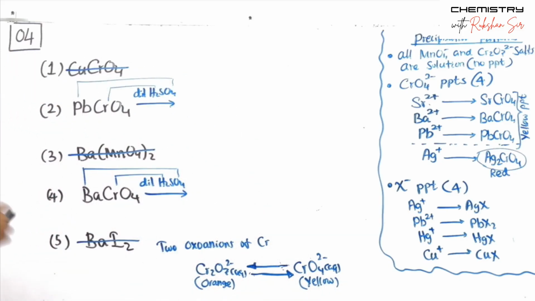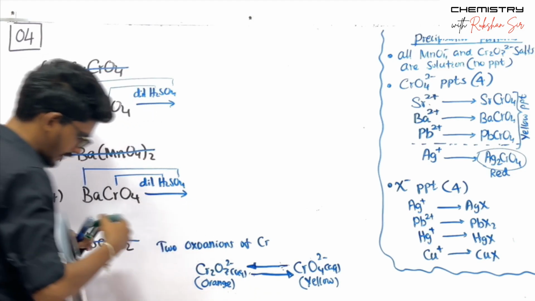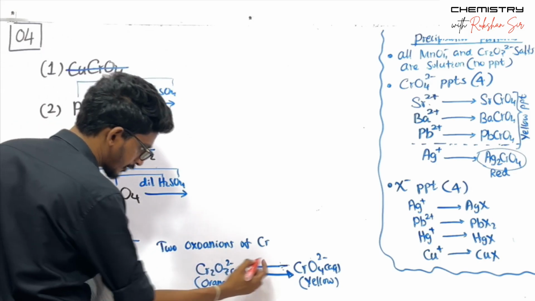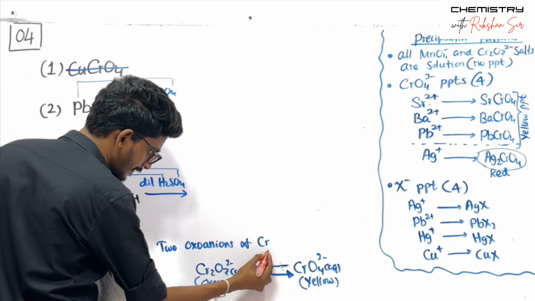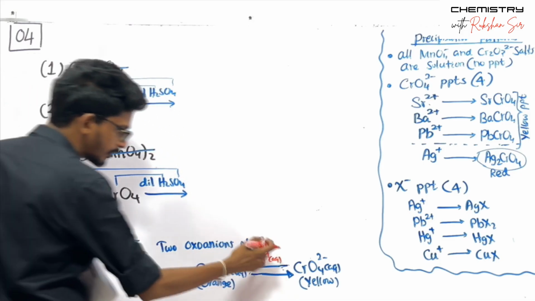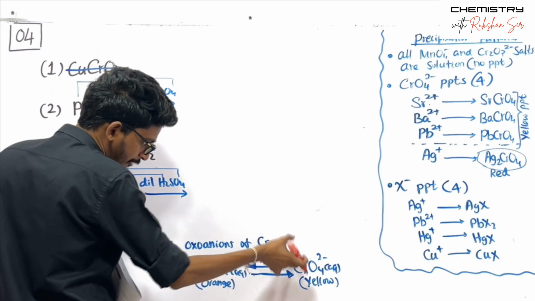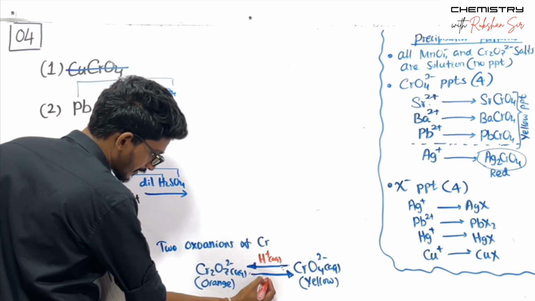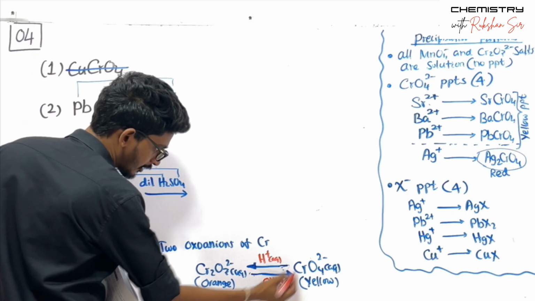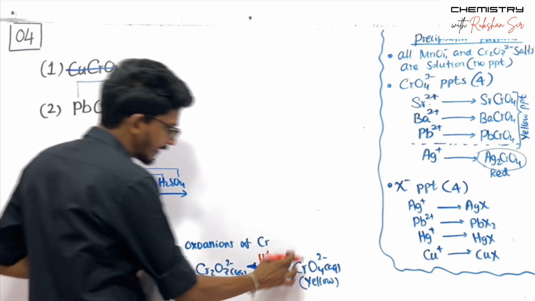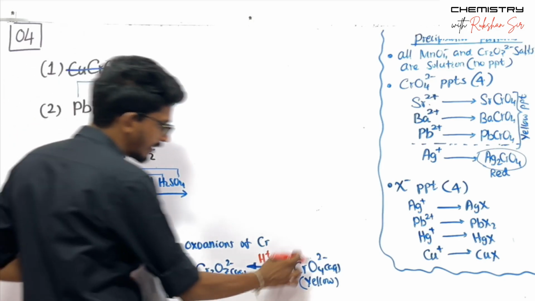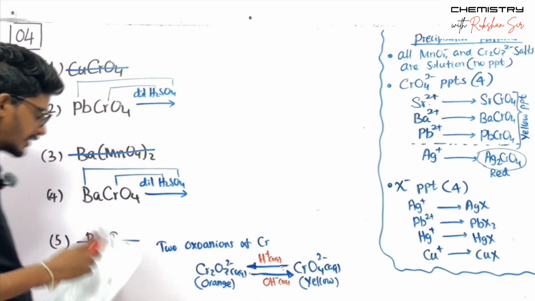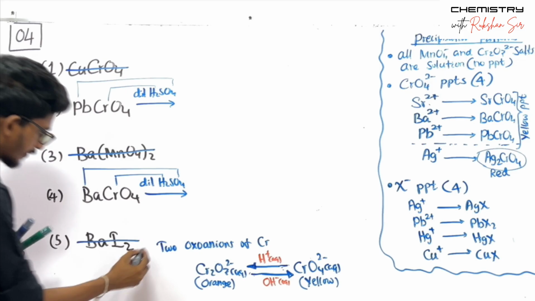If you add some H plus to the chromate, it will convert to dichromate. If you add some OH minus to dichromate, it will convert to the chromate. Chromate is the oxygen species which is stable in basic medium. Dichromate is the one which is stable in acidic medium.